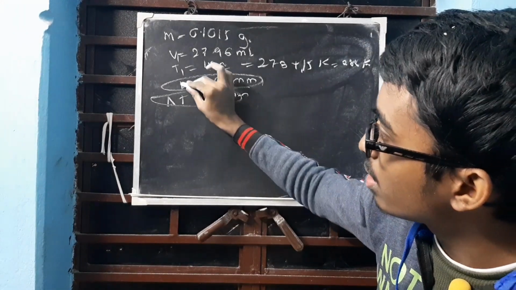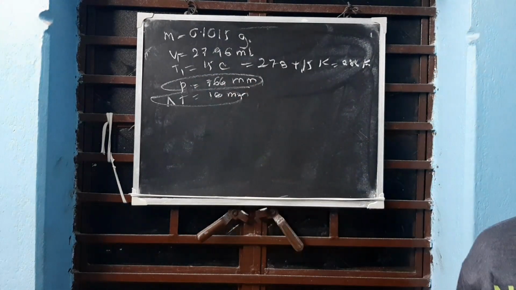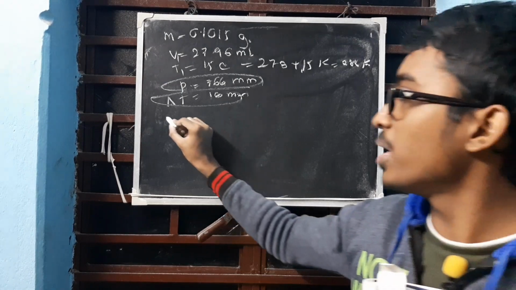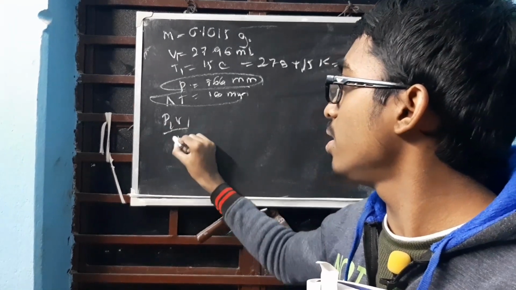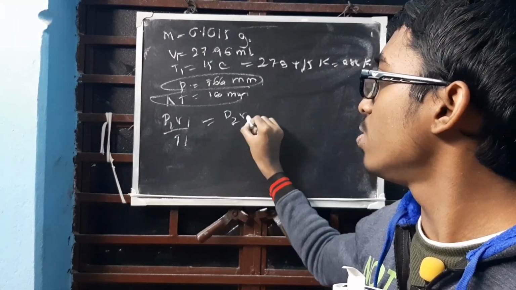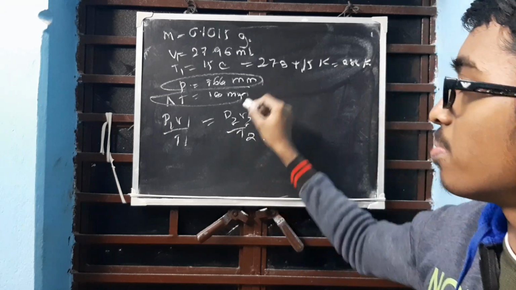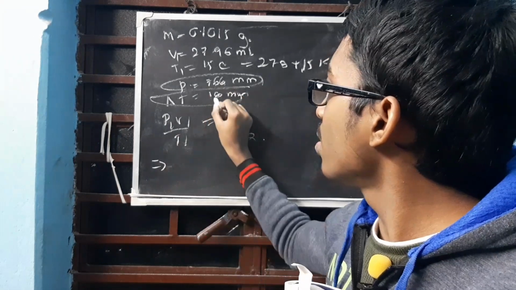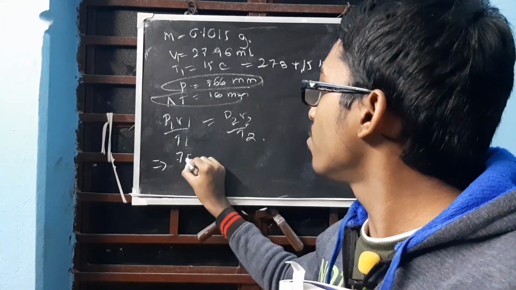You subtract the aqueous tension from it to get P1. Please keep in mind, P1 is this minus this, that is 750.